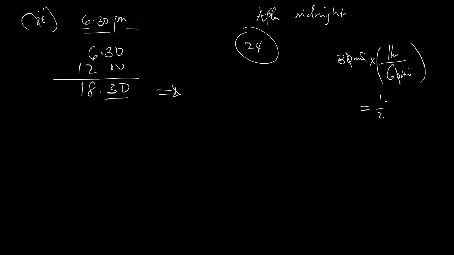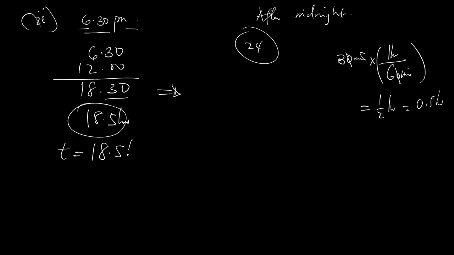This will cancel, you have 1/2 hour, that means 0.5 hours. So add that to this, you have 18.5 hours. So the time will now be 18.5 hours. That is what we're working with now.